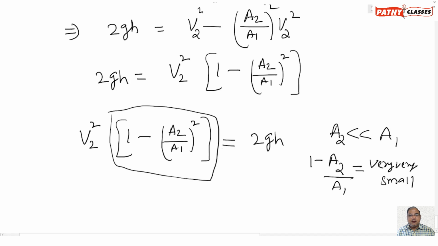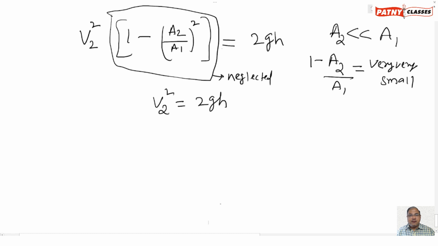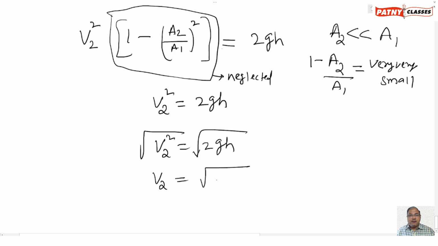Terms in the bracket being very small, they are neglected. So we get V2 square equals twice g h. Now taking the square root on both sides, we get V2 equals the square root of twice g h. V2 is nothing but the speed of efflux.